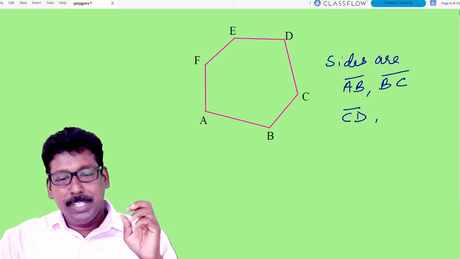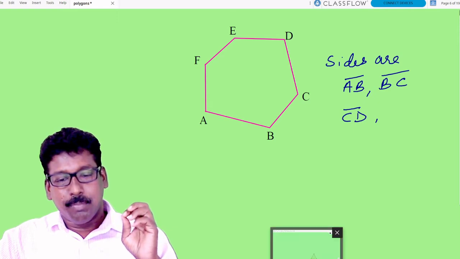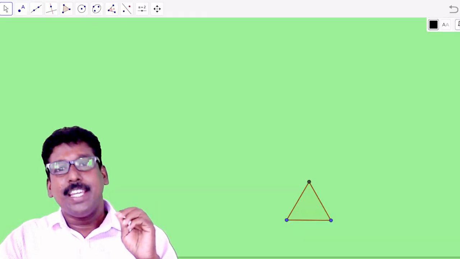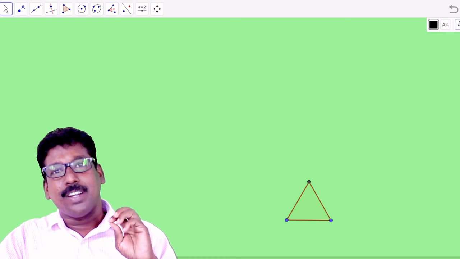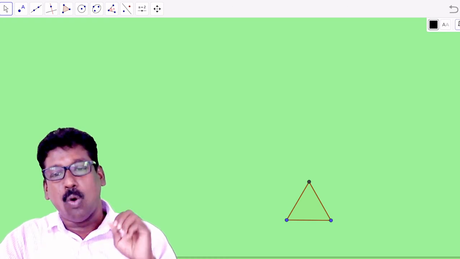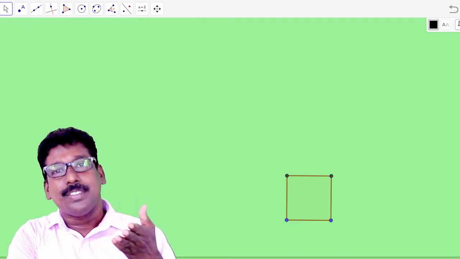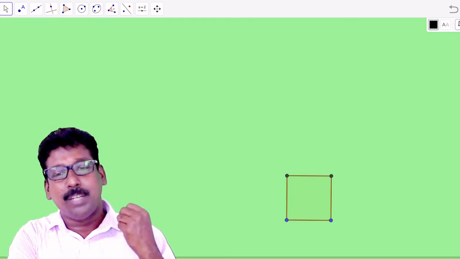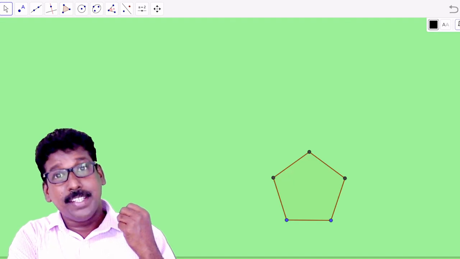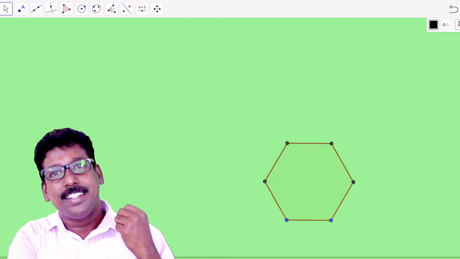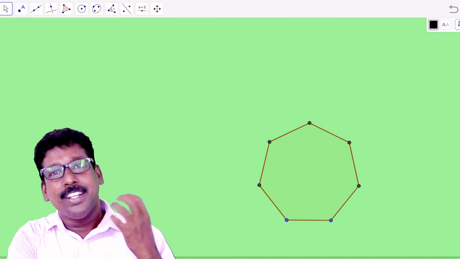Now, let me show you some polygons. Here is a polygon. How many sides are here? Only 3 sides. Now, sides increasing, it is a 4-sided polygon, 5-sided, 6-sided, 7-sided.